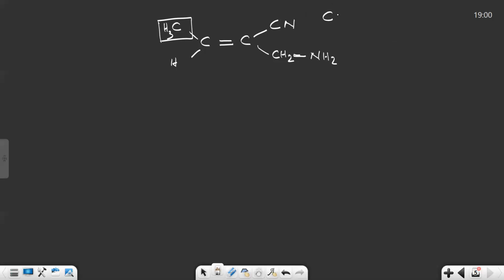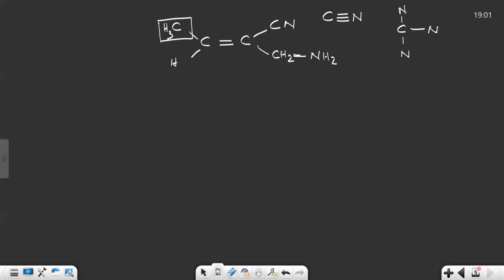Here we know that it is C triple bond N. As per CIP rules, triple bonds are considered as three single bonds and double bonds are considered as two single bonds. So here this carbon is attached to three nitrogen atoms. It is considered like this, and you know that nitrogen has three double bonds with carbon also, right?